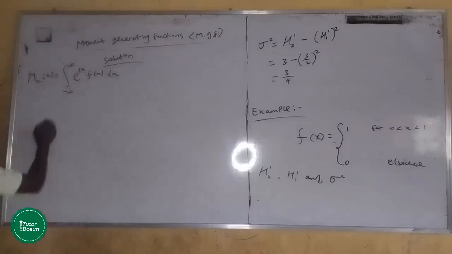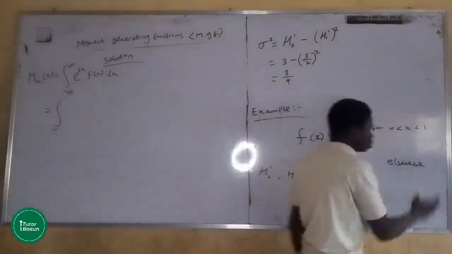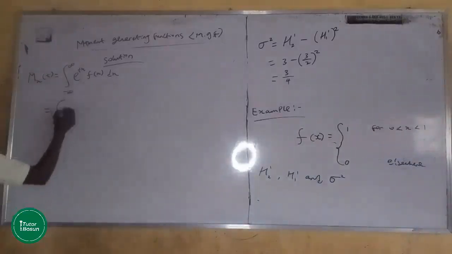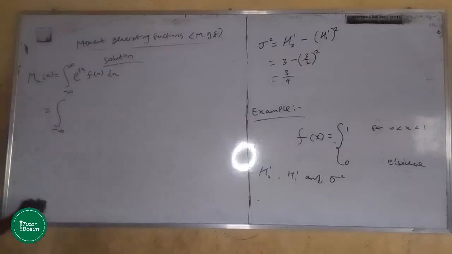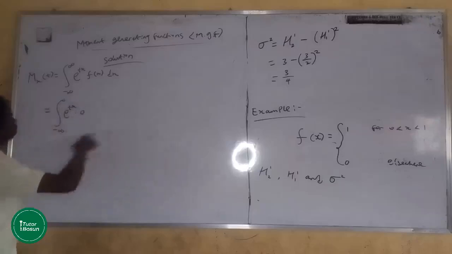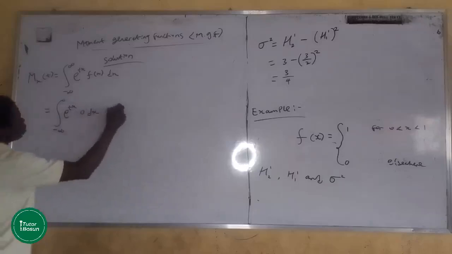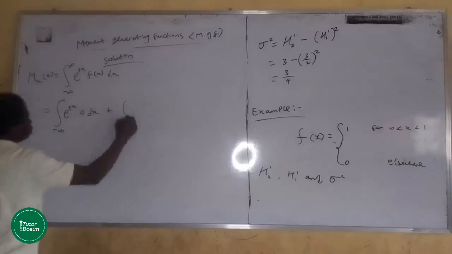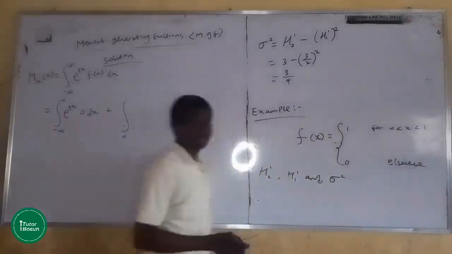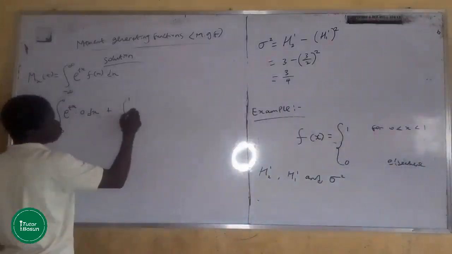So for this one, we have minus infinity to 0 of exponential tx times f of x for that range, that's 0, dx, plus, this is ending at 0, so this is going to be starting with 0, 0 to 1.